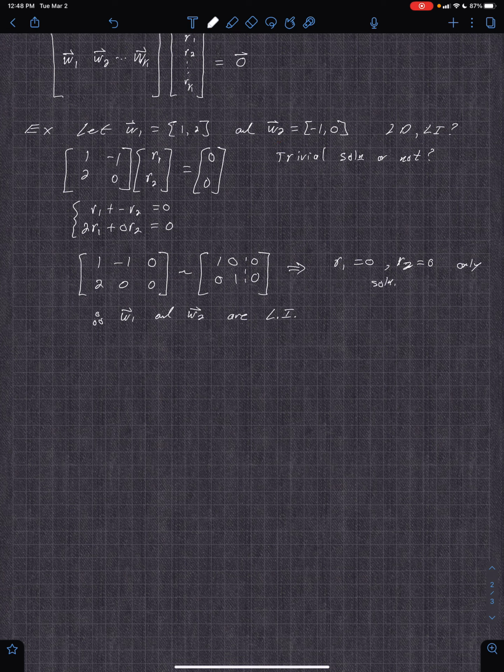And the answer is yes, they do span R2, because we showed that with the matrices before, but now we're talking about independence and dependence. Since they're linearly independent, they do span R2. That's how we'll be able to show that, and that's theorem 2.1, which we will do in the next video. Okay.